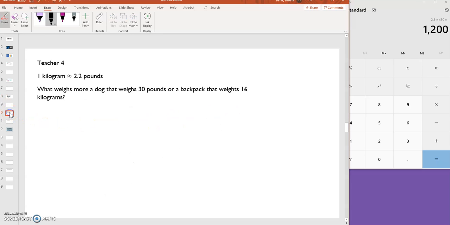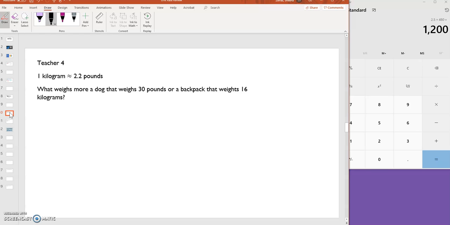Right. Last topic that we covered in this unit talks about unit conversions. So being able to go from a metric measurement into our US customary system of measurement. I want to know what is going to weigh more, a dog that is 30 pounds or a backpack that weighs 16 kilograms.